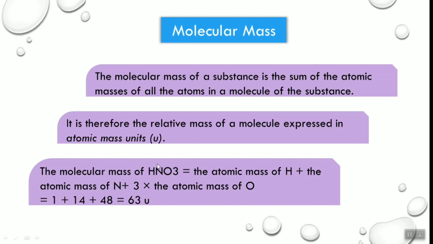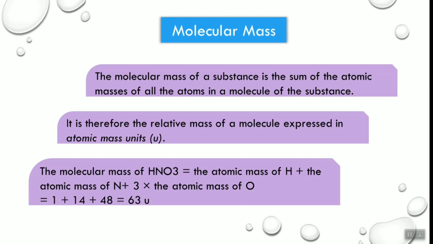So we have to add the atomic masses of all atoms. First of all we will add the atomic mass of hydrogen, plus the atomic mass of nitrogen, plus 3 into the atomic mass of oxygen. So what is the atomic mass of hydrogen? 1, and the mass of nitrogen is 14, and the mass of oxygen is 16.